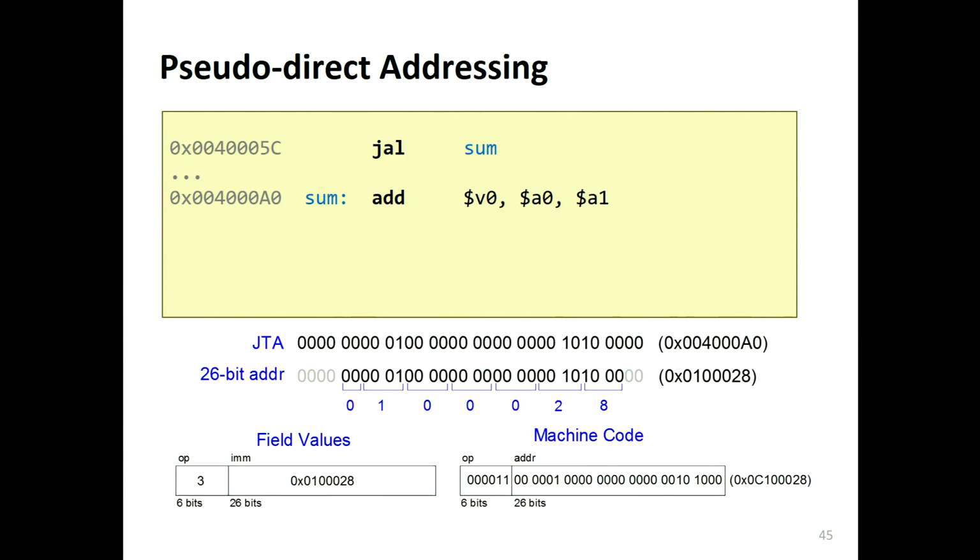This naturally means there's a limit to the distance you can jump when calling a function, but for all intents and purposes in this course, you will not encounter this limitation. The middle 26 bits would be copied to the field values over here.